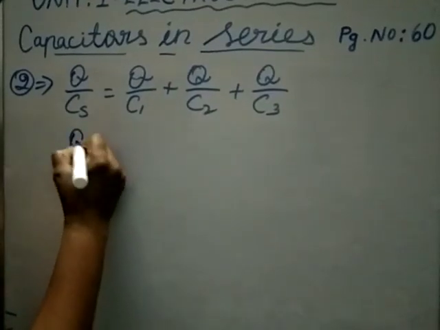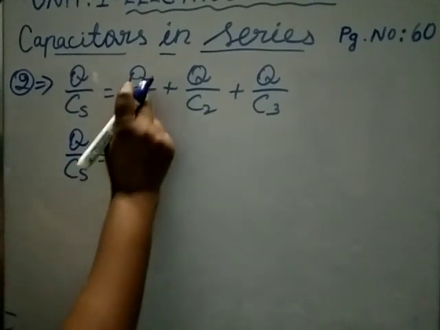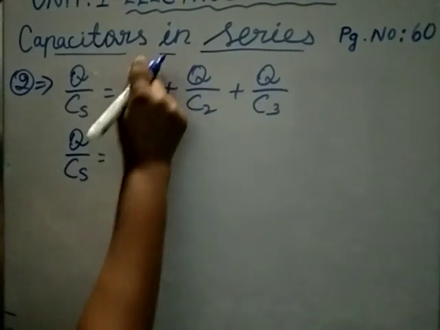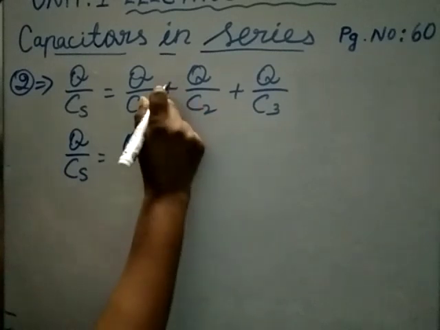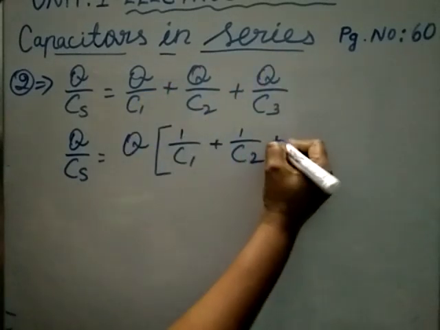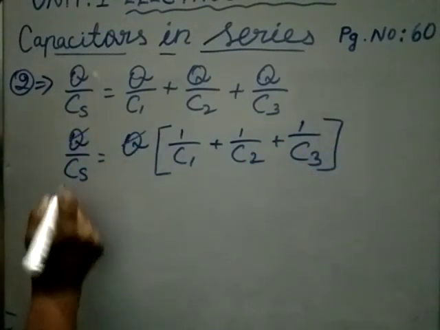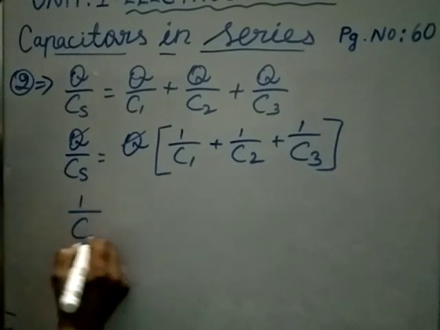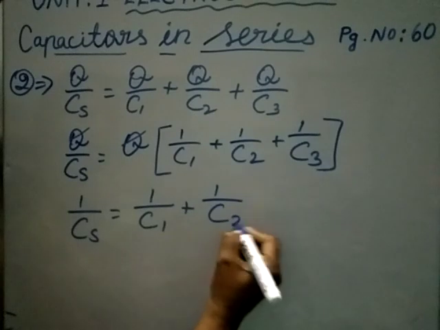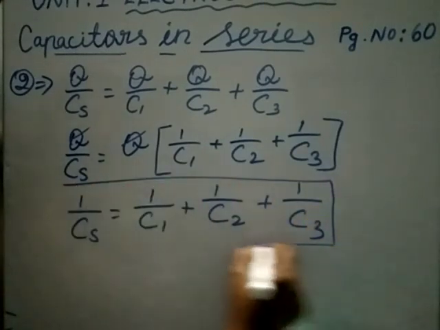Q by CS is equal to, now take the common term Q outside, Q by C1 plus 1 by C2 plus 1 by C3. Q, Q get cancelled. Now 1 by CS equals 1 by C1 plus 1 by C2 plus 1 by C3. This is our final relation.